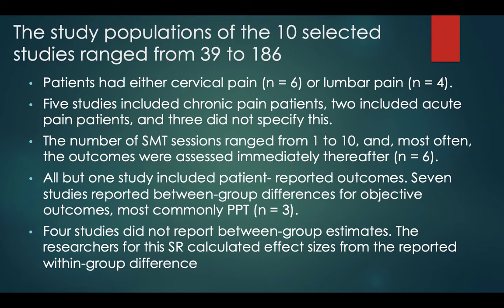The number of SMT sessions ranged from only 1 to 10, and most often the outcomes were assessed immediately thereafter in 6 studies. All but 1 study included patient-reported outcomes. 7 studies reported between-group differences for objective outcomes. 4 studies did not report between-group estimates. The researchers for this systematic review calculated effect sizes from the reported within-group difference.